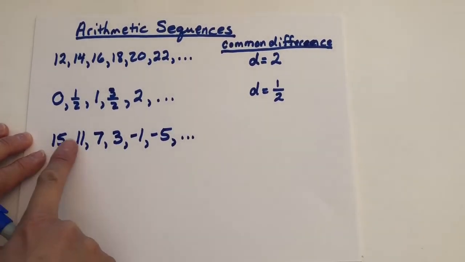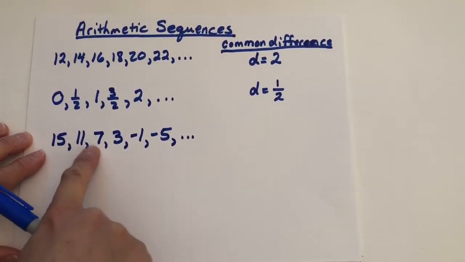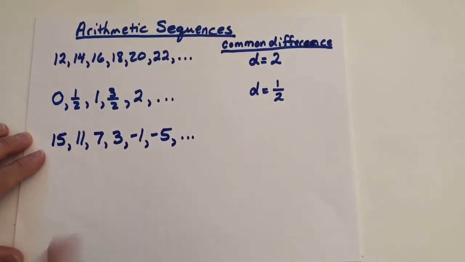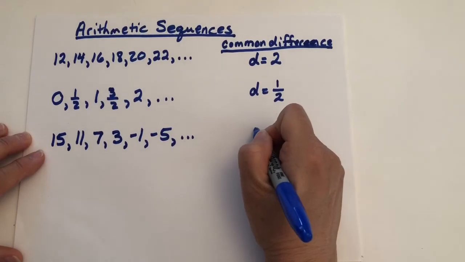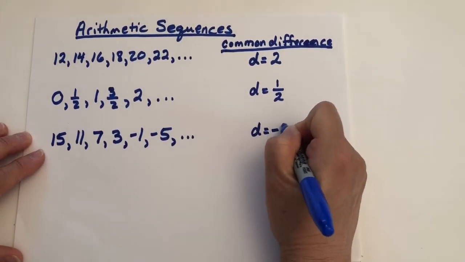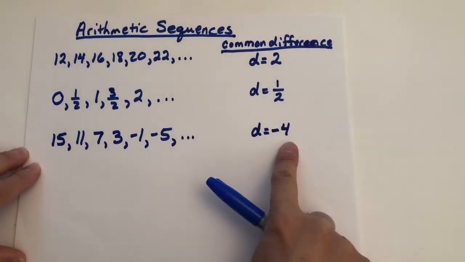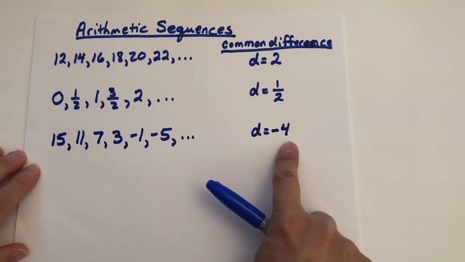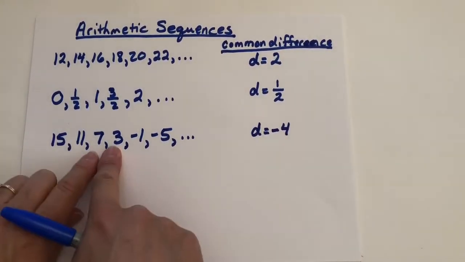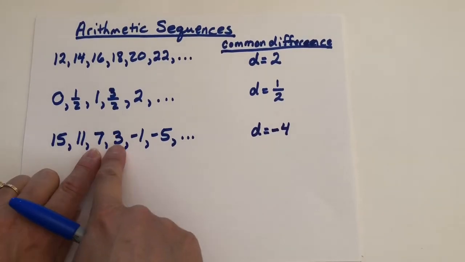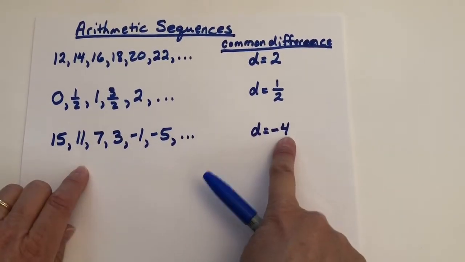And look, we add -4, add -4, add -4, or if you prefer, subtract 4. So we would say the common difference here is -4. And again, remember, we call it a common difference because you can take any two consecutive terms and subtract, 3 minus 7, and you would get that value.